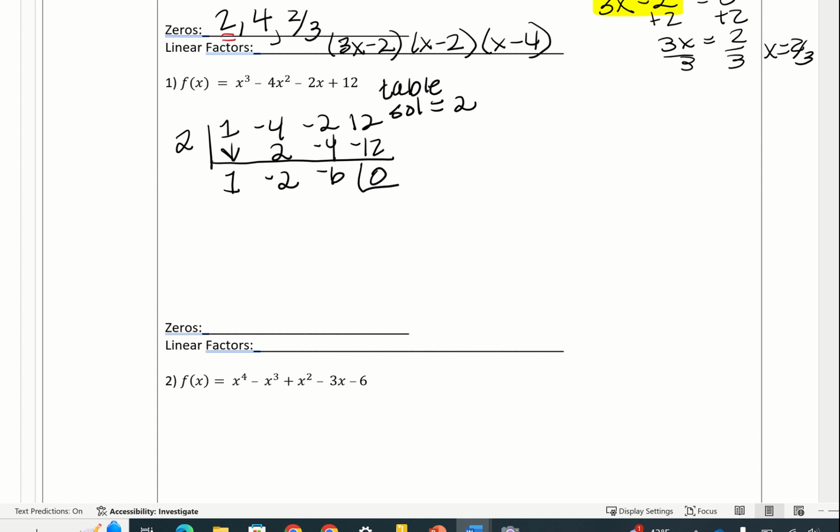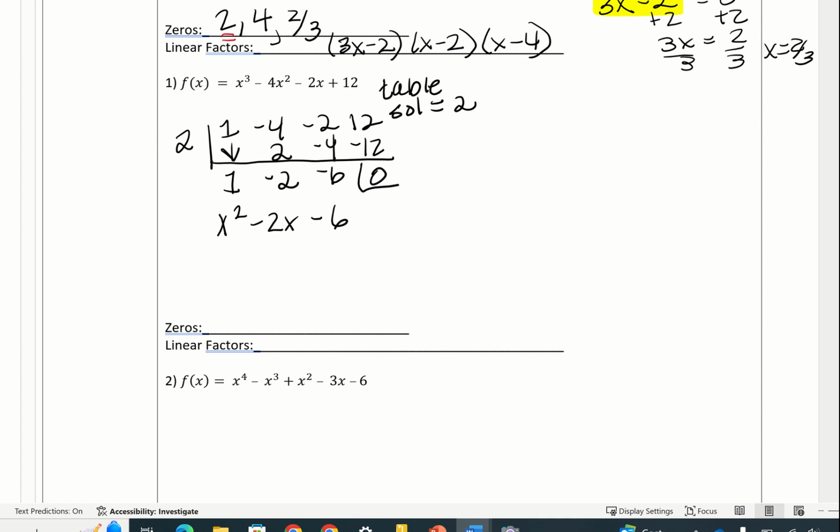And again, on this one, I believe this does not factor any further. And I believe if you looked in your calculator, this does not have any more zeros.